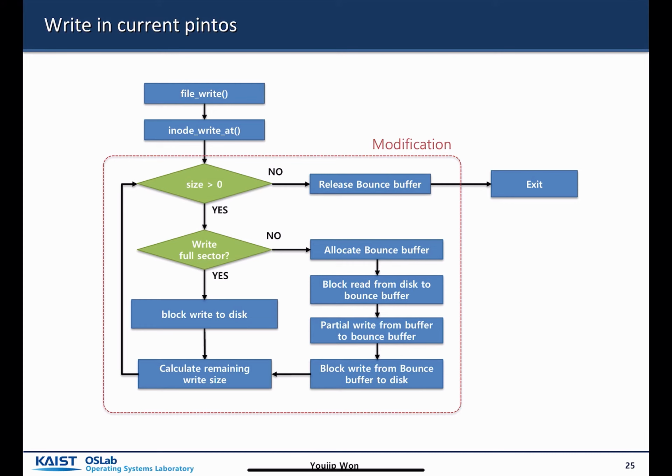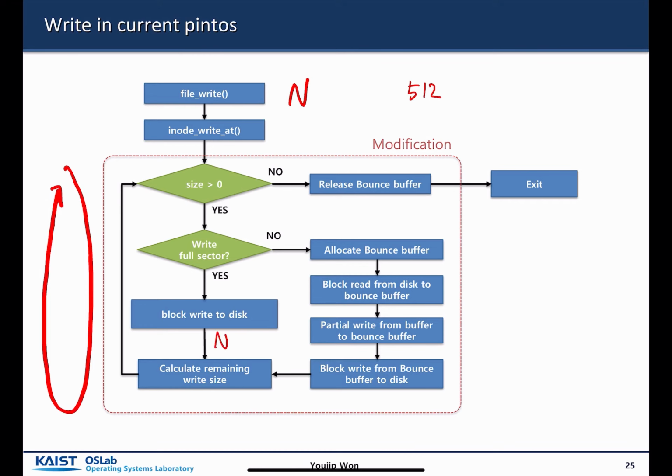So write is the same. It iterates in the while loop. If you want to write n bytes, then each time it iterates, the Pintos operating system writes one block at a time. So each time it performs a write, it decreases the size by the sector size, and then calculates the remaining write size.